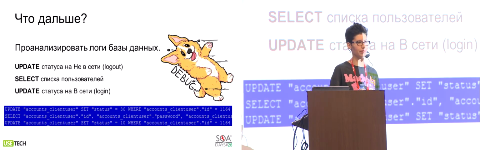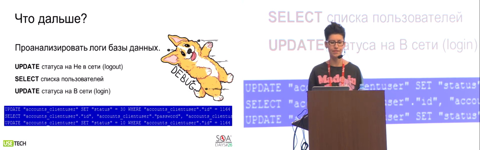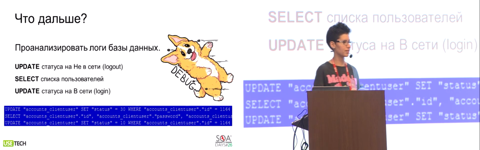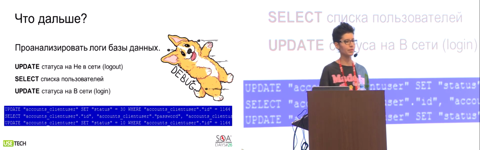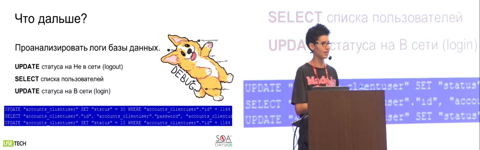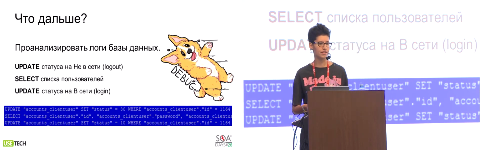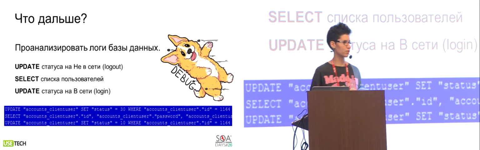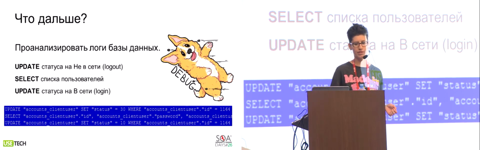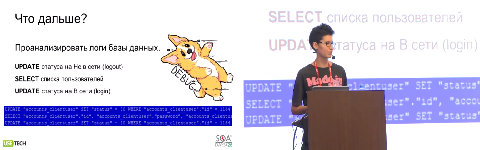The log includes all queries sent to the database during the operation of the web. I looked up that log to see what happened after the page got updated. And it so happened that first a query was sent to update to status 30, which means I logged out.